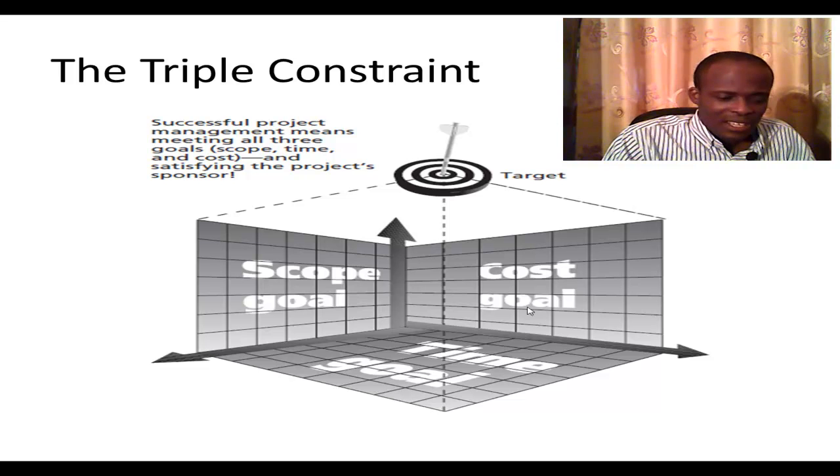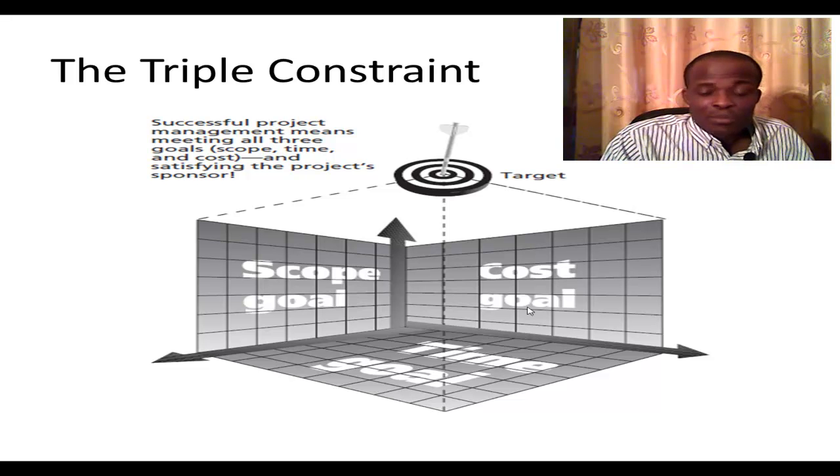And of course the difficulty is also to try to manage a project with these constraints. The cost constraint has to do with issues of cost, trying to make sure that whatever has been planned is what actually is happening. Almost always on a project, you have to make sure that whatever amount of money has been scheduled to be spent is what is actually being spent.